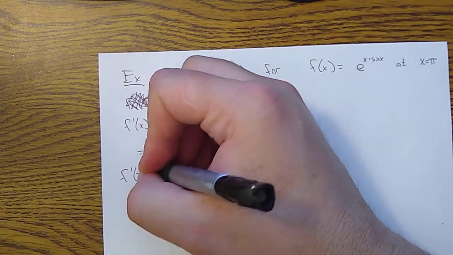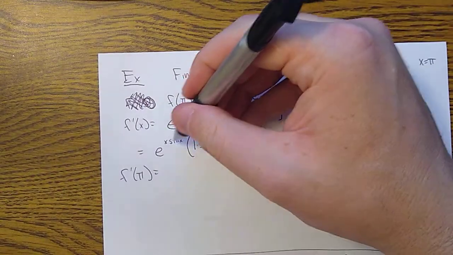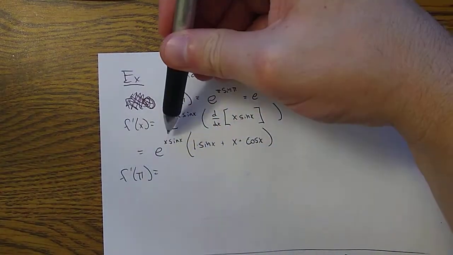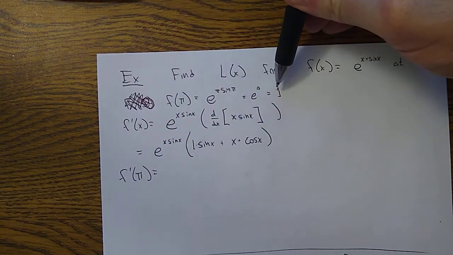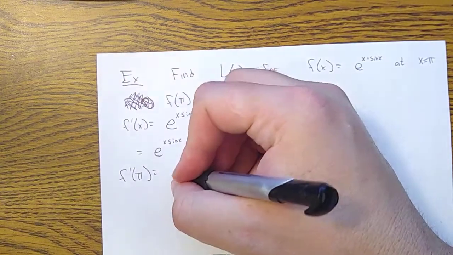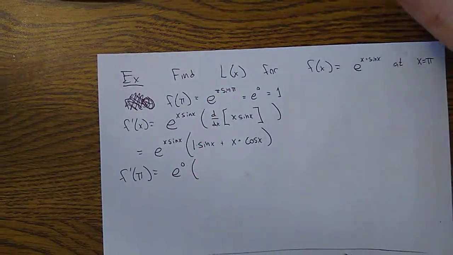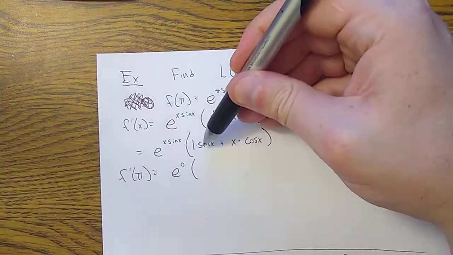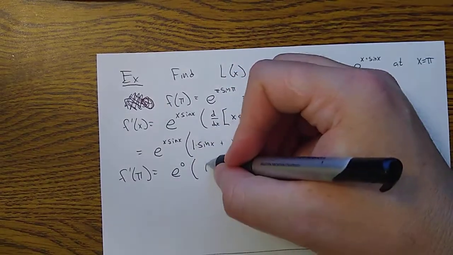What I really wanted was f prime of pi. If I'm smart, I can remember that when I plugged pi in here, this was e to the 0, which was 1. So that's what happens there. What happens inside here? Sine of pi is still 0.